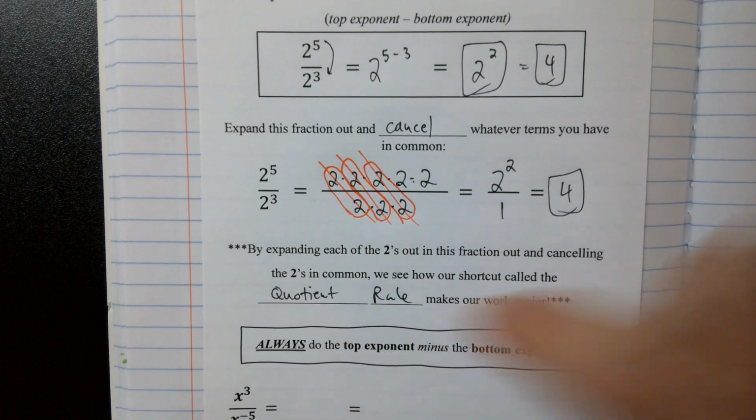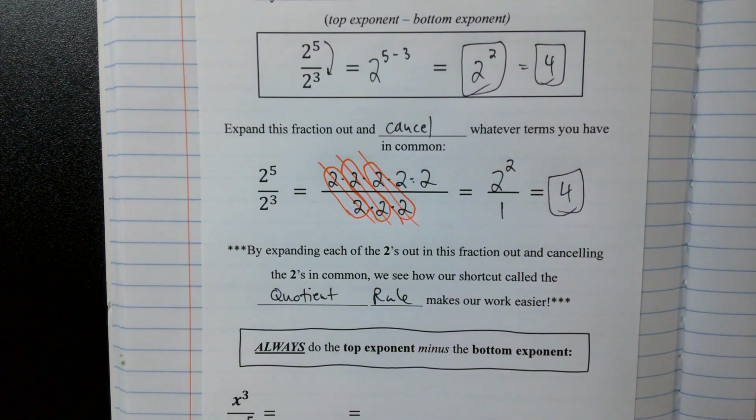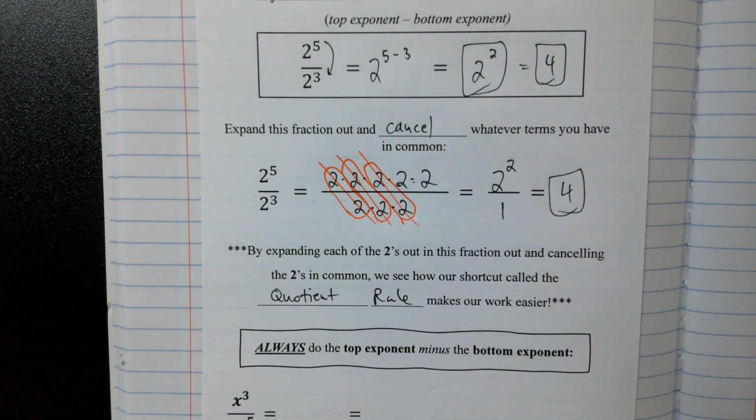All right? So if you see, again, take a look up here on the board, we have the same two things, 2 to the 5th and 2 to the 3rd. In one of them, we're clearly multiplying them, right? In one of them, we're clearly dividing them. So depending on what we're doing with our bases, that tells us what rule we're going to use.